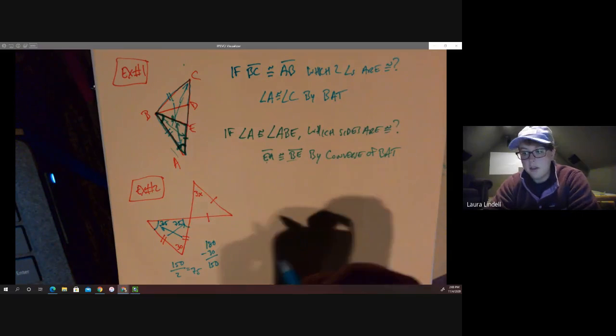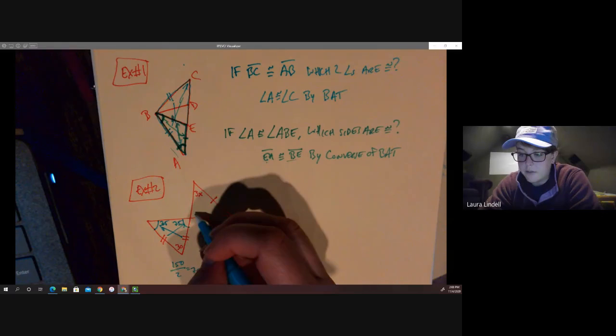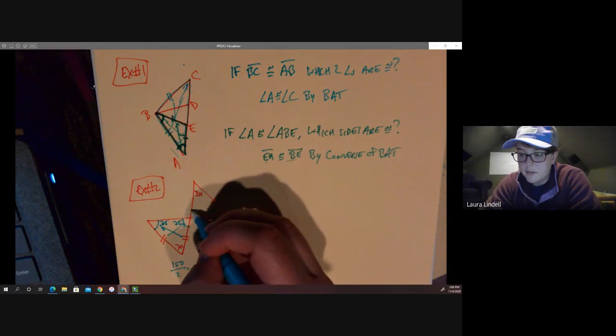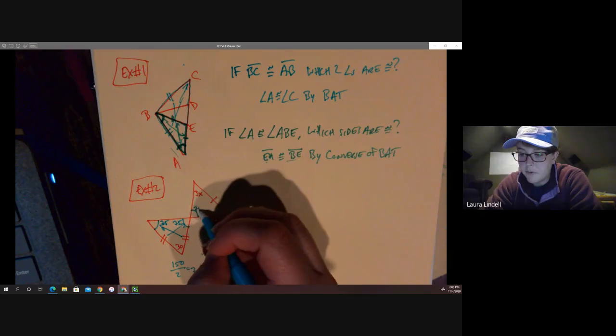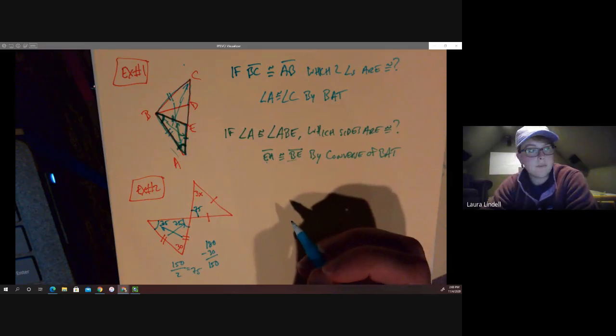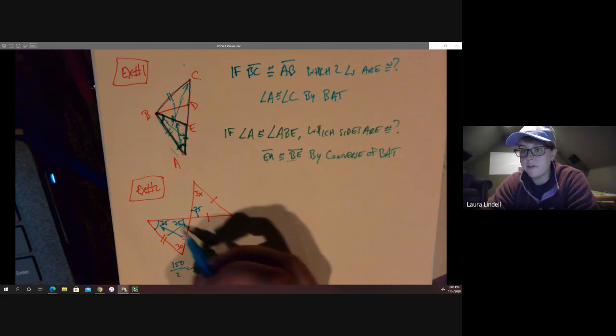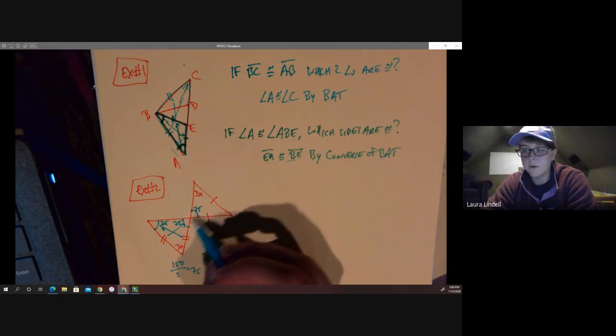Then notice we've got some vertical angles going on here. So these two angles are the same, so this one is also 75. So now we've jumped from this triangle over to this one using our vertical angles.